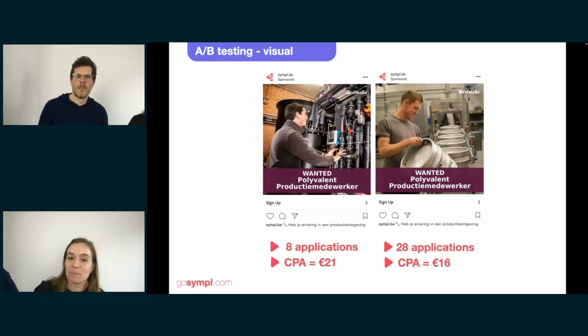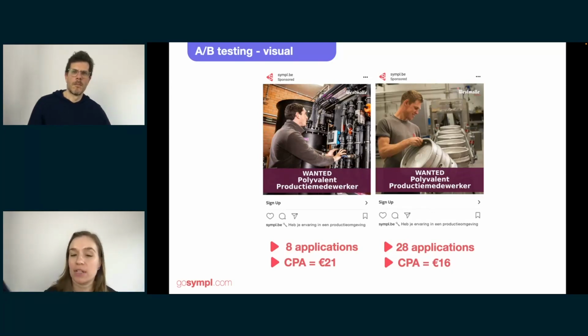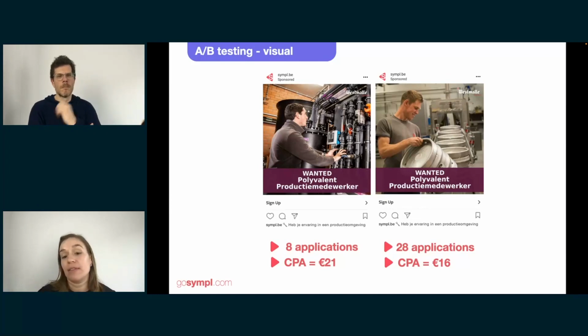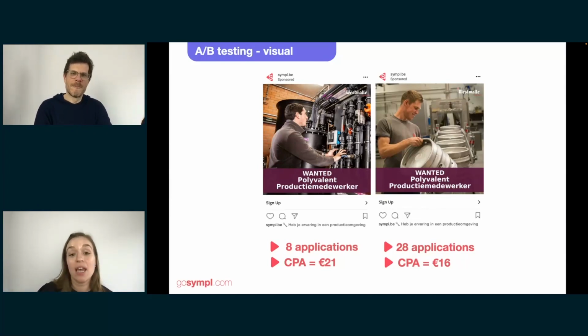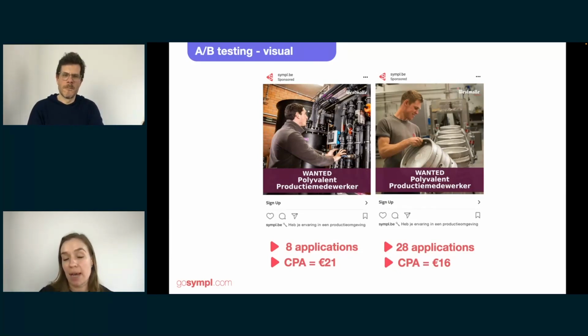And you don't know why the one on the right is working better than the left one, but the data doesn't lie. And of course, you want to have as many applications as possible. So keep that in mind that you need to track it correctly when you're doing A/B tests.